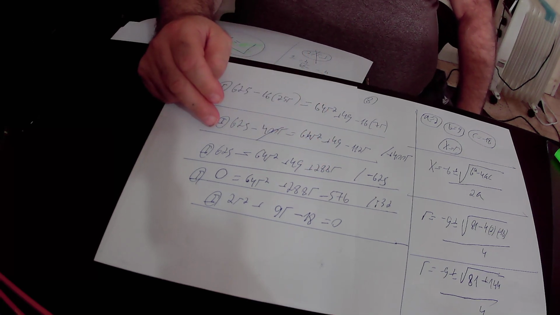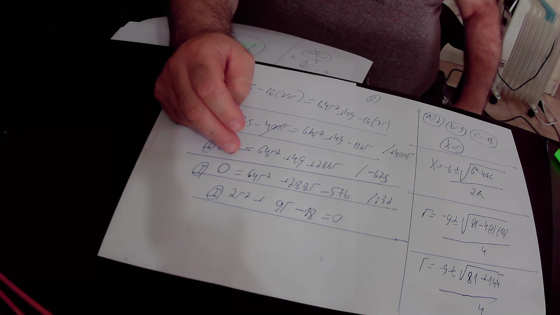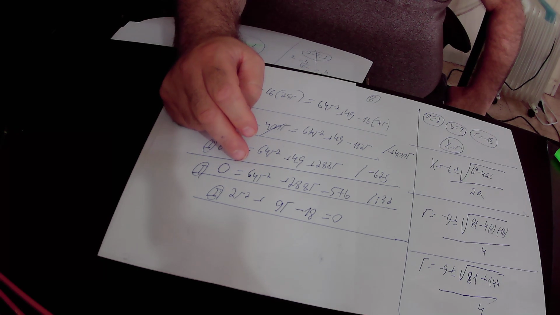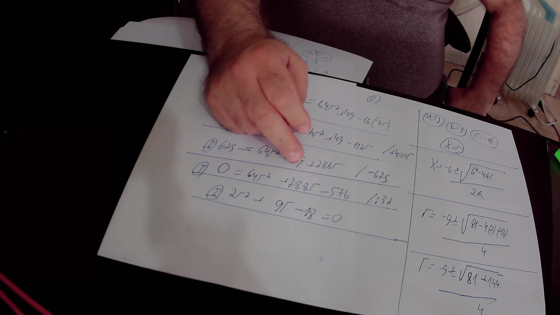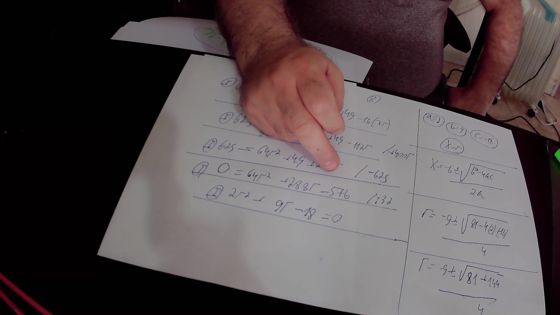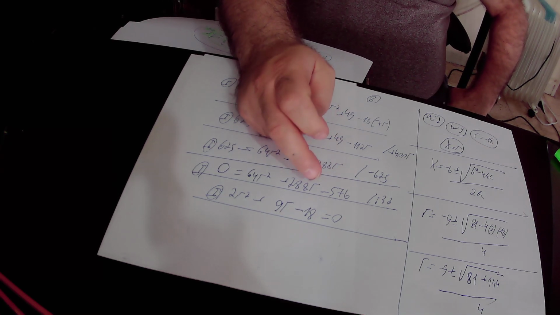576. We divided this equation number 1 by 32, and we got that 64 over 32 is 2, so this expression equals in total 2r squared. 288r over 32 equals 9r, and minus 576 over 32 equals minus 18.